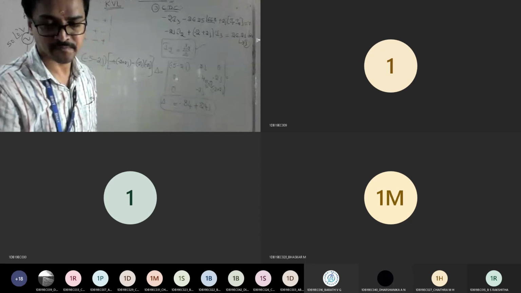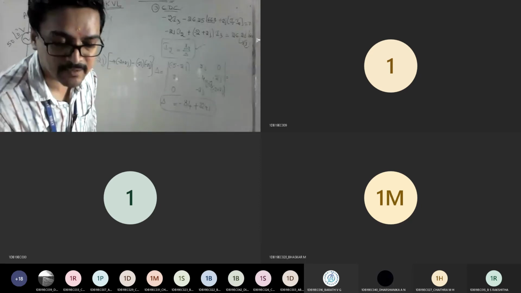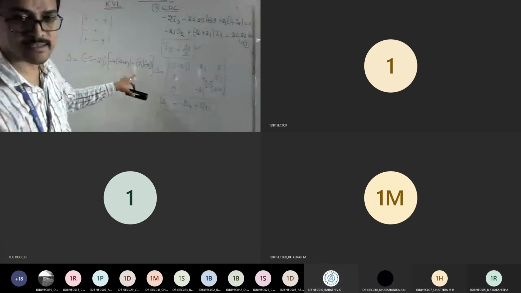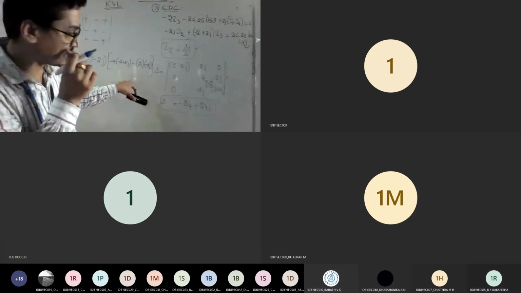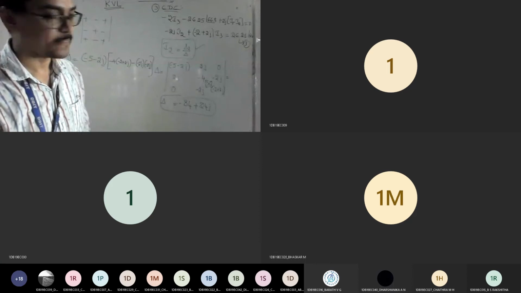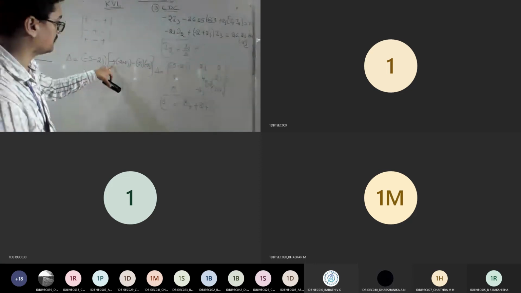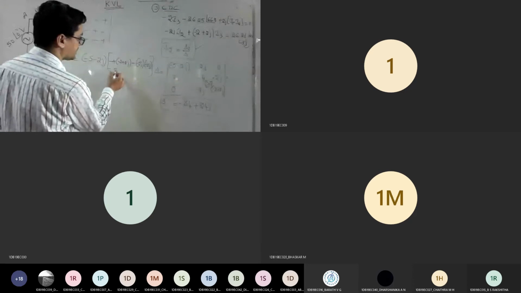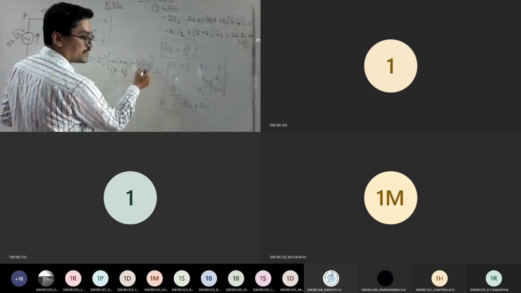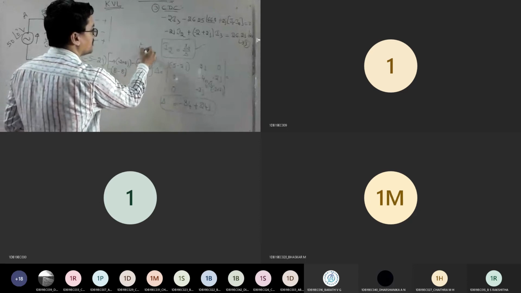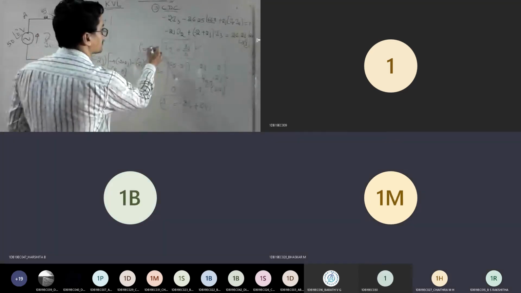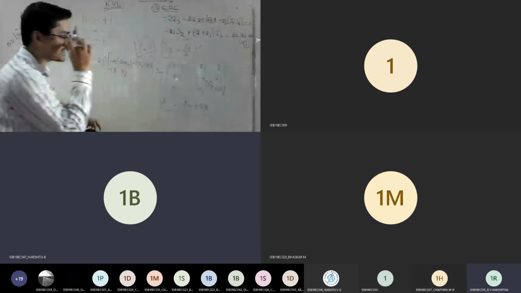Am I clear? Yes, sir. Just multiply this term and check what your friend told. Is it matching? Just multiply: this becomes 4 into 2 is 8, minus 8j. Then minus minus becomes plus, and we know j square is equal to minus 1.